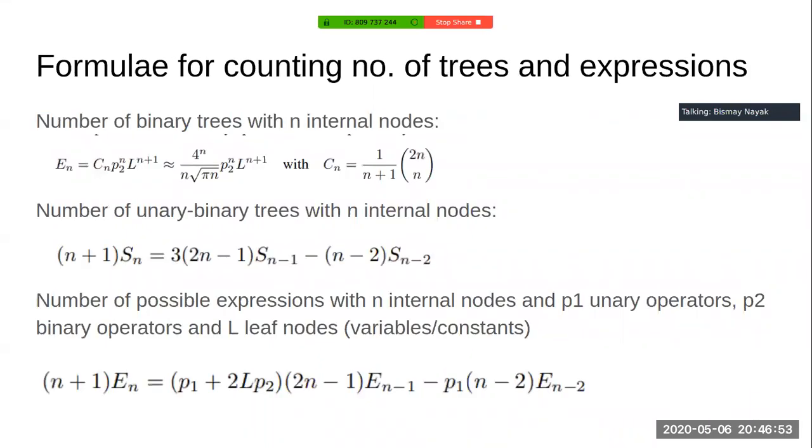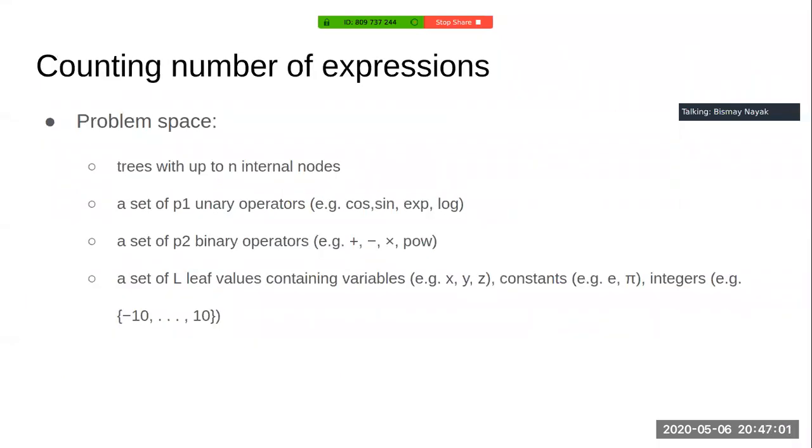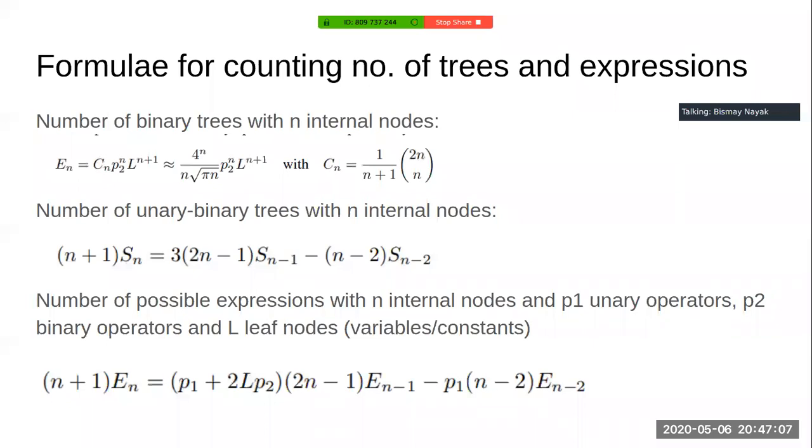To give an idea of the number of possible expressions that we can generate using the given set of parameters, like n internal nodes, p1 unary operators, and p2 binary operators, the authors came up with these formulas that help us calculate the number of expressions we will be able to generate.